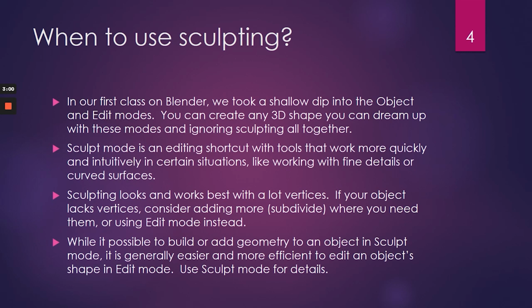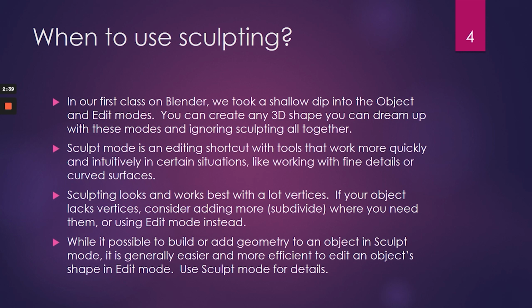So when do you use sculpting? In our first class, we looked at object and edit mode, and you can basically do anything you need to do with a 3D shape in those modes, and sculpting is just more of a shortcut. It's also a lot more intuitive for working with things like curves and details.